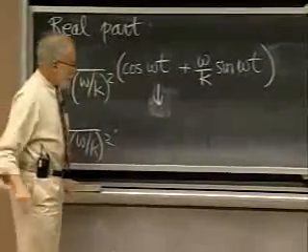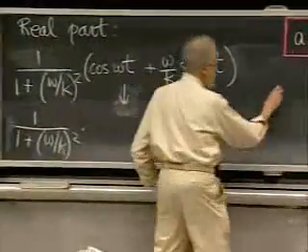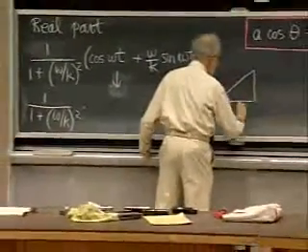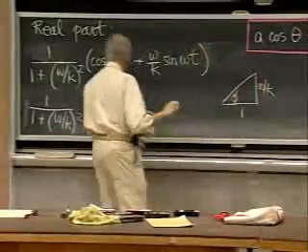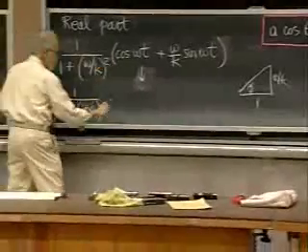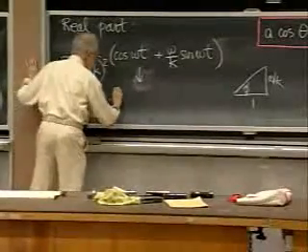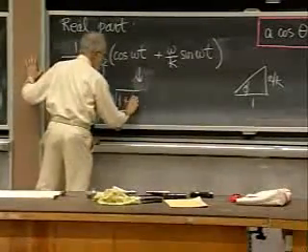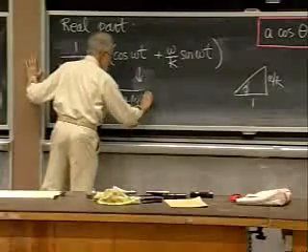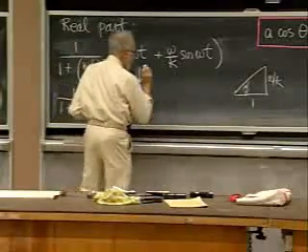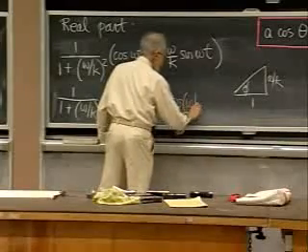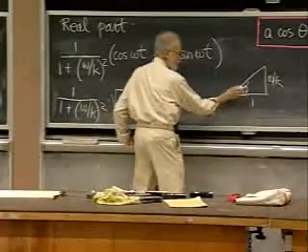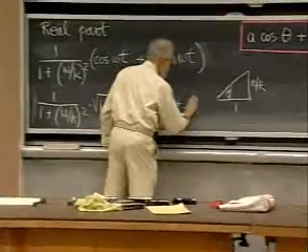The hypotenuse in that case is going to be, well, why don't we write it here? So we have 1 and omega over k. And here's phi. So the hypotenuse is going to be the square root of 1 plus omega over k squared. And that's going to be multiplied by the cosine of omega t minus this phase lag angle, phi.